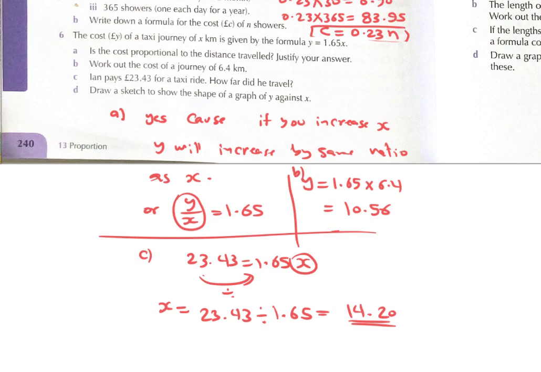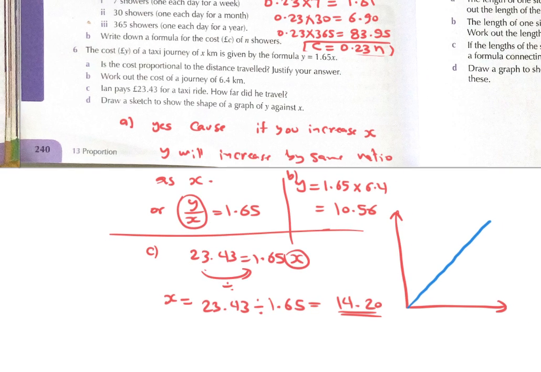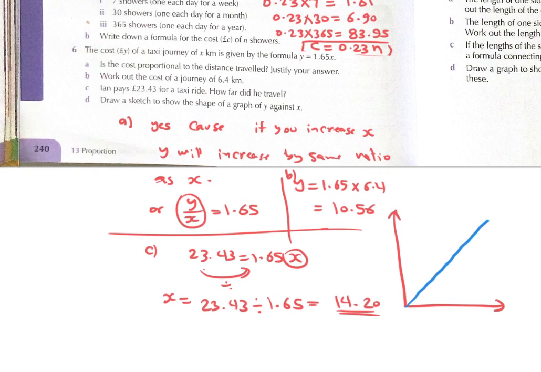Now for D, draw a sketch to show the shape of a graph of y against x. This is direct proportion, am I right? Yes. For direct proportion, a straight line starts from the origin, then goes up like that. This sketch is not an accurate graph. So this is x and this is y. This is the answer for D.